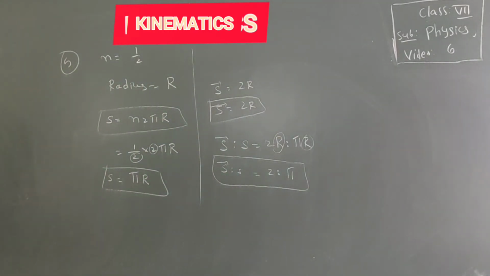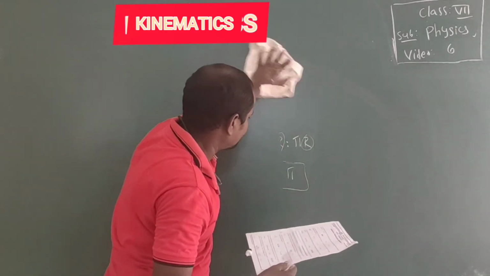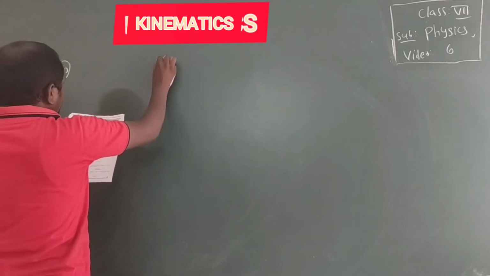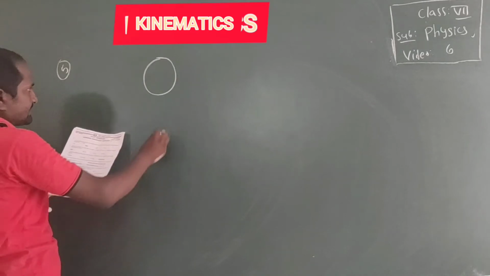Okay, next one. Question number 5. A body completes one round of a circular path of radius r in 20 seconds. Find the displacement of the body after 45 seconds.